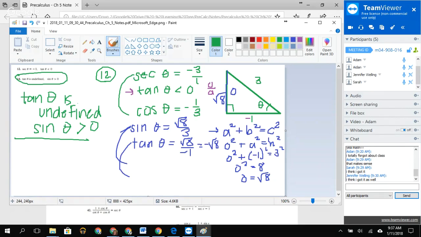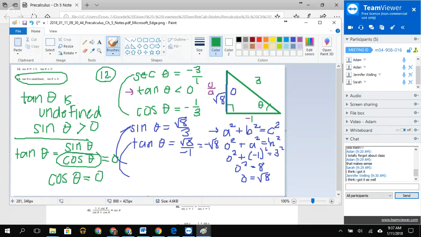And if we go back and look at our different properties, we know that we can think about the tangent of theta as the sine of theta over the cosine of theta. And if tangent of theta is undefined, that means that our denominator equals 0, right? Because when we have a denominator equal to 0, that's undefined. So we would say that the cosine of theta is 0.